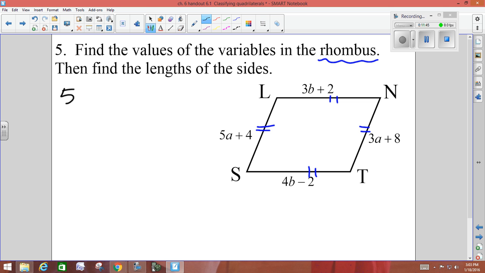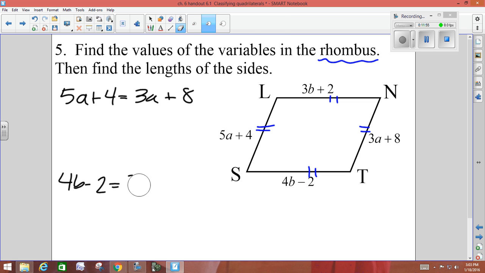All right. 5a plus 4 equals 3a plus 8. 4b minus 2 equals 3b plus 2. Could I have done like the top equal to the left side? I couldn't? Why not? Oh, but it's true that they're equal, right?